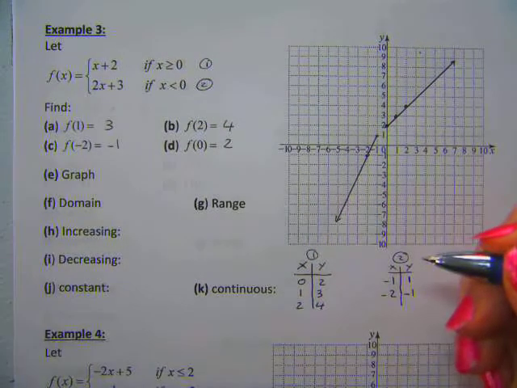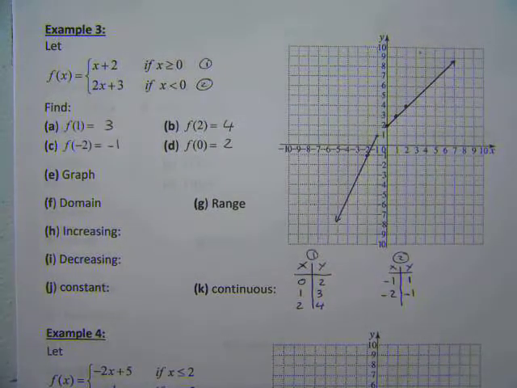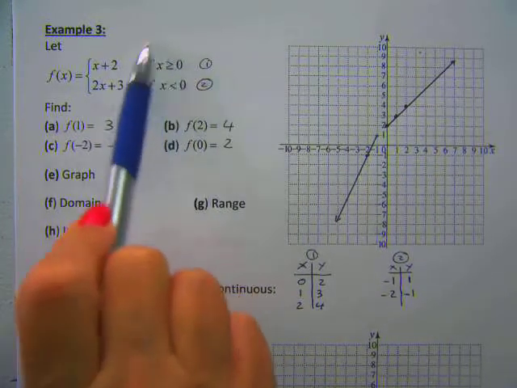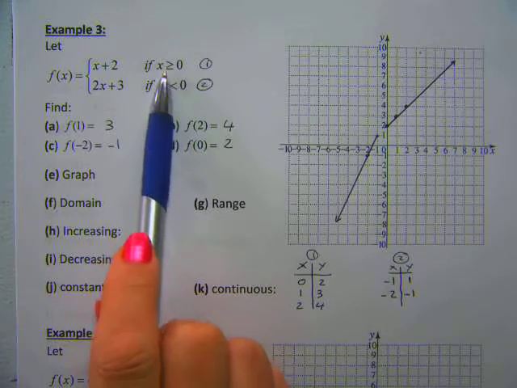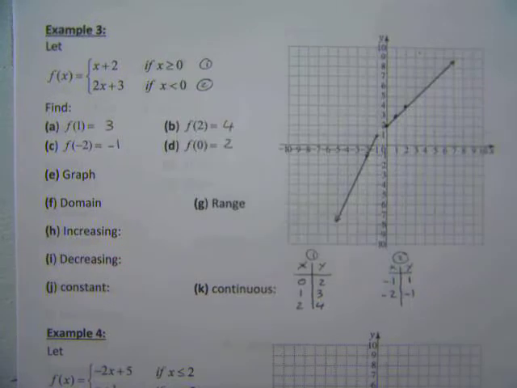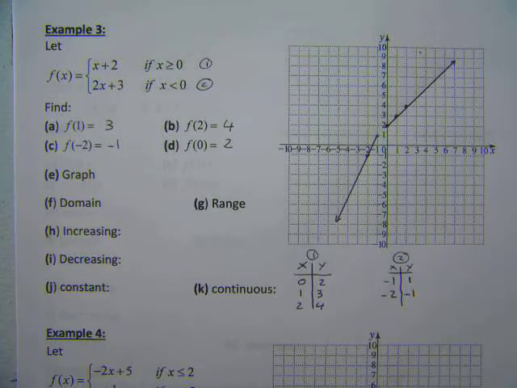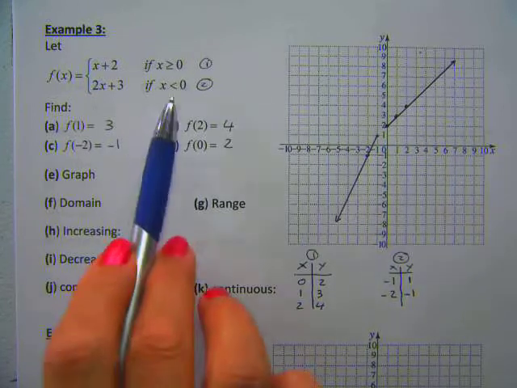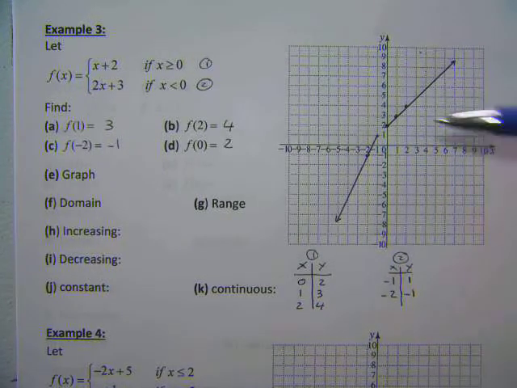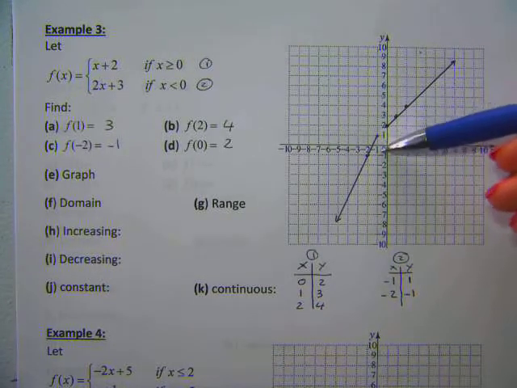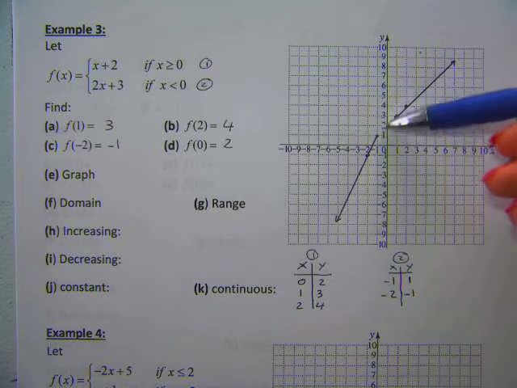Let's look at this. What's wrong with this picture and how can we fix it? Well, if you look, the domain is all real numbers. x is greater than or equal to 0, meaning 0 and positive, and I have values for x less than 0. But if we look here, we see a gap. So what is the problem here?